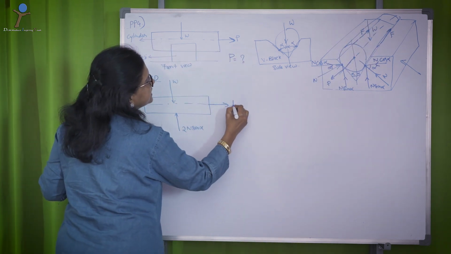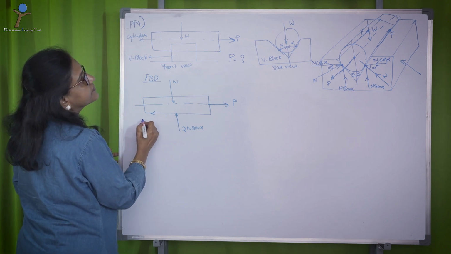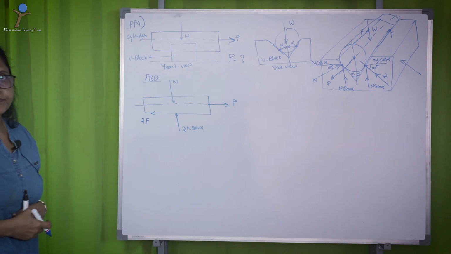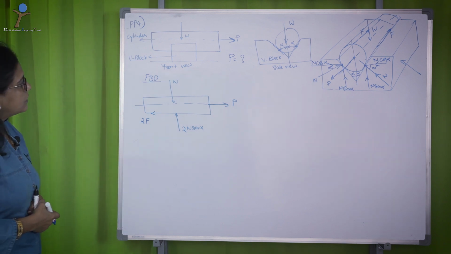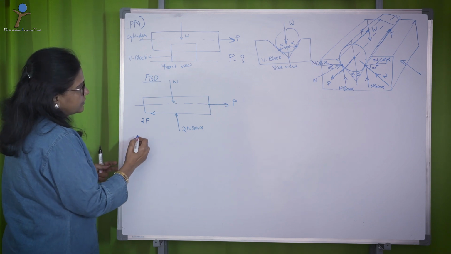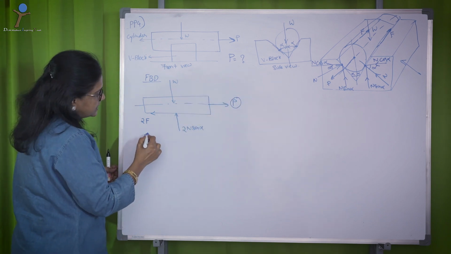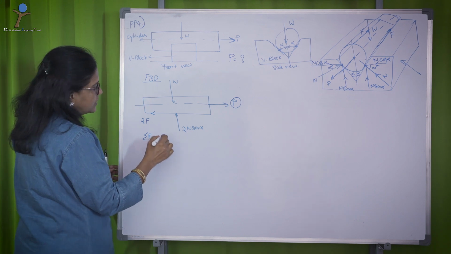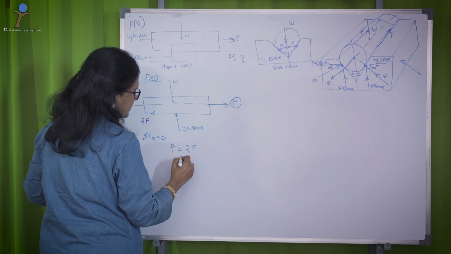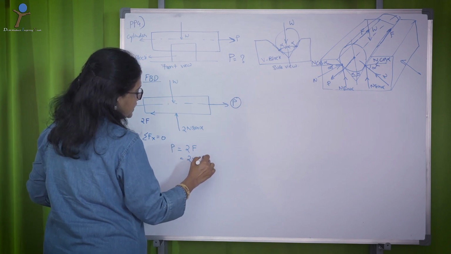When P is acting this way, the frictional resistance, that is 2F, acts in this way. Now, let us calculate the value of P, which is of our interest. Sigma Fx equal to 0, P is equal to 2 into F, that is 2 into mu into N.